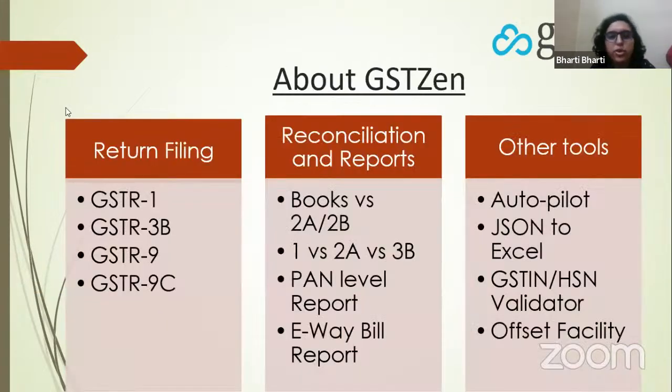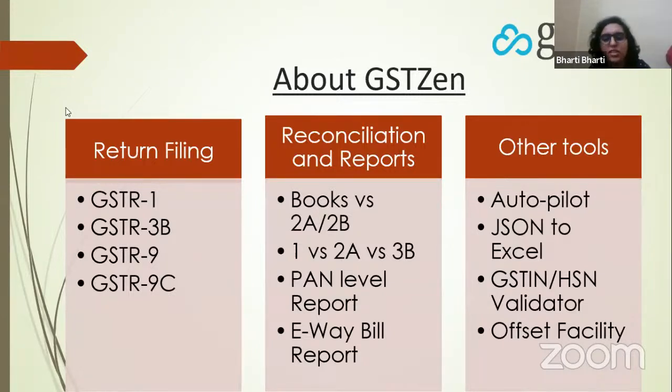Before going on to e-invoicing, let me tell you a little bit about GST Zen. GST Zen got started in 2017 mainly as a compliance software, and since then we have also delved into e-invoicing. Besides e-invoicing, we provide other services which include return filing: GSTR 1, 3B, 9 and 9C.